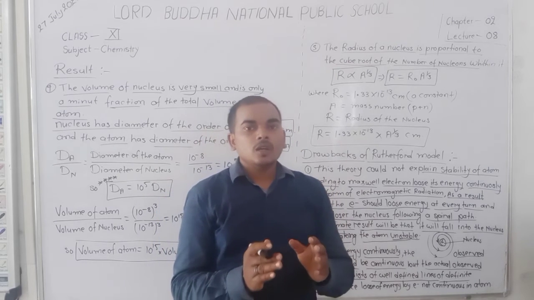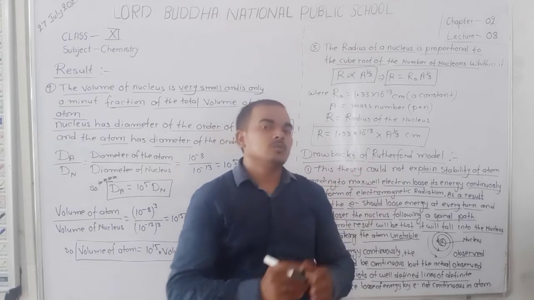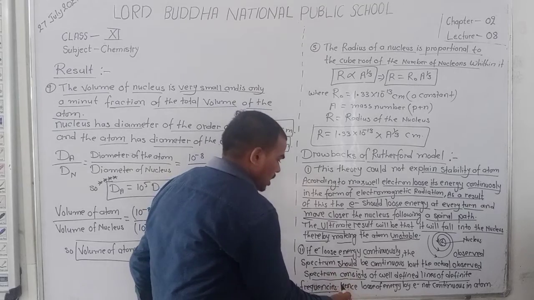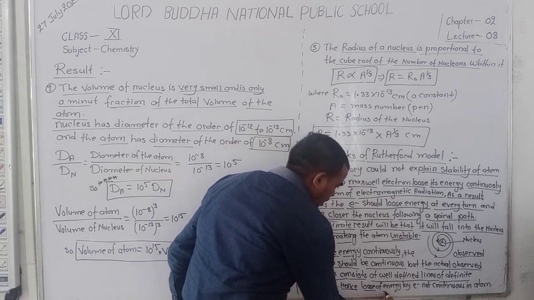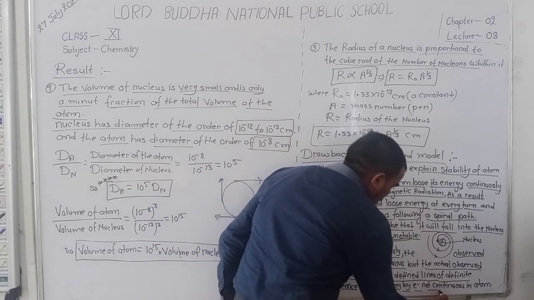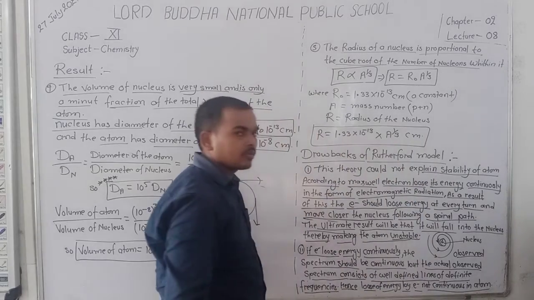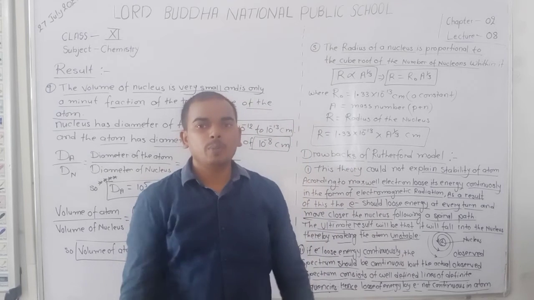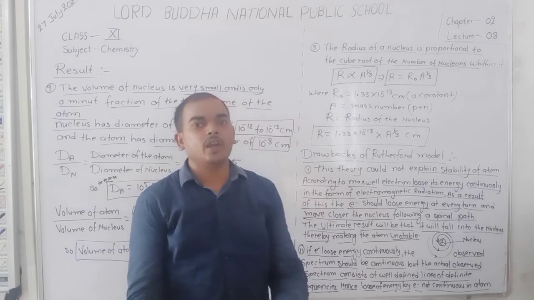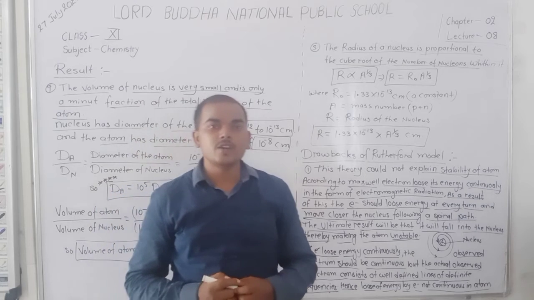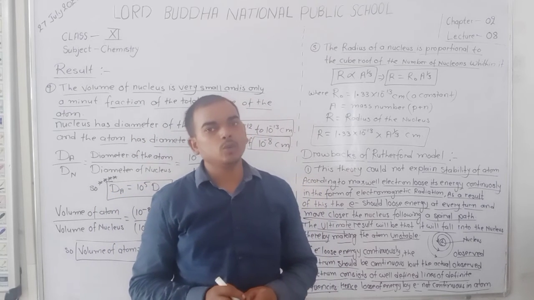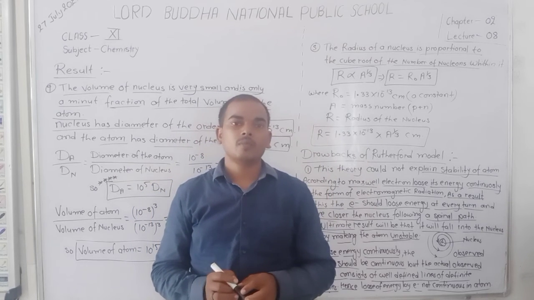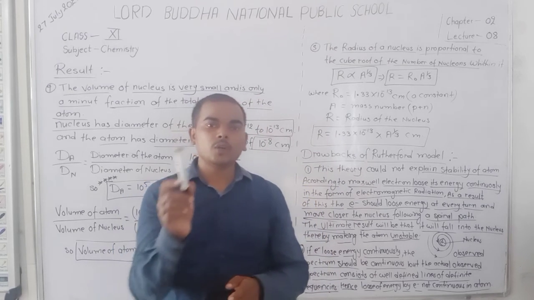It means electrons do not lose their energy continuously. Hence, loss of energy by electrons is not continuous in an atom. It means the Rutherford planetary model is not a correct model of the atom, because it does not explain the stability of the atom and the revolution of the electron around the nucleus.